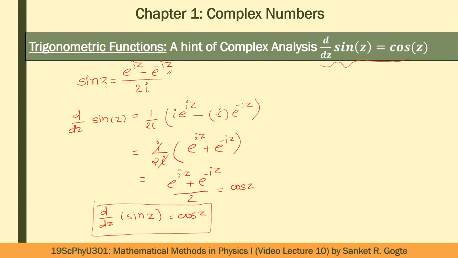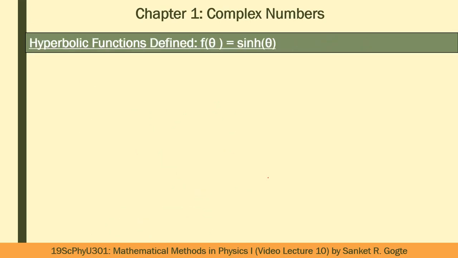We will now move on in the lecture and consider the other kinds of functions of complex numbers, the hyperbolic functions. Hyperbolic sine of theta, I'll call it sinh theta, is defined in this way. It is e to the power theta minus e to the power minus theta divided by 2.